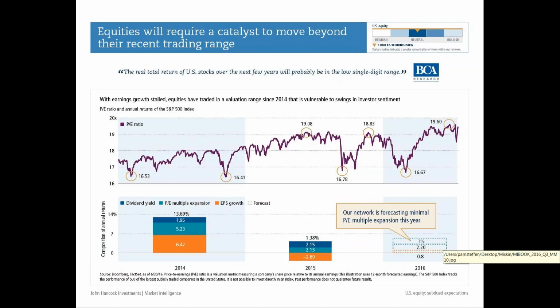If you go to the bottom panel here, there are three things that make up your forward-looking returns, and we looked at them back just a couple of years. In 2014, there was 6% EPS growth. So earnings grew 6% year over year, which is great. You got multiple expansion, as this chart showed, which means that 5% of your return was from just multiple.